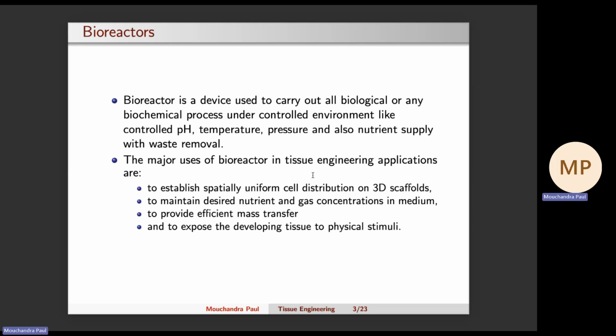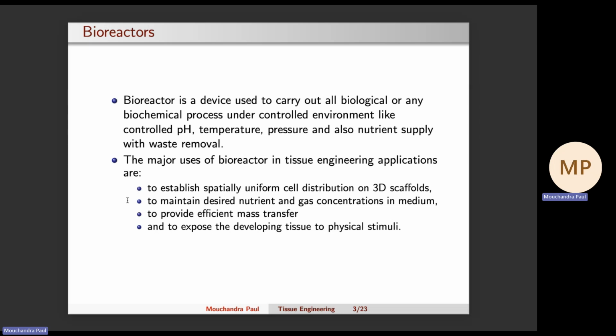Now, for tissue engineering, why are we interested in using bioreactors? Because the use of bioreactors gives us the following advantages, and whether or not to use it depends on your application, and it can become a very good solution to a problem.